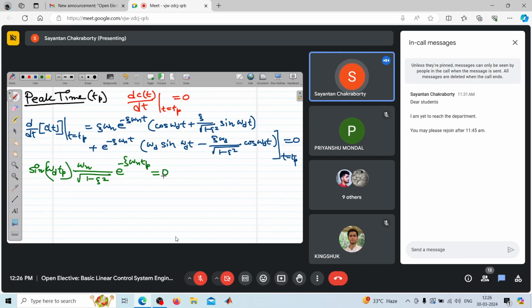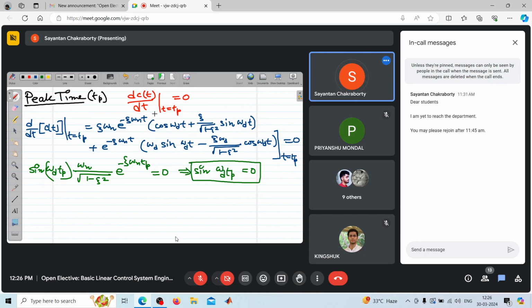That will lead to this, and that finally implies, if you do the derivation, you get expressions like this.